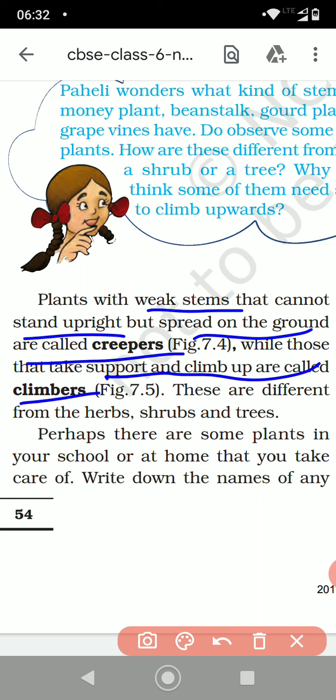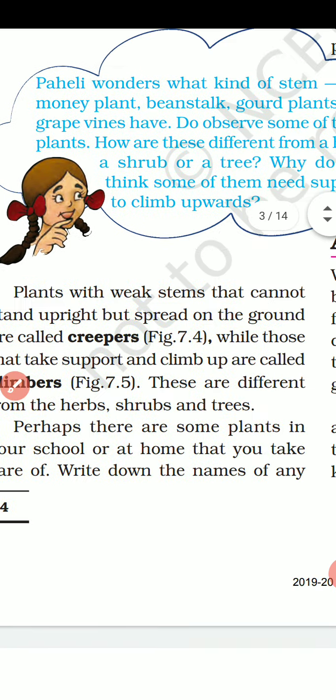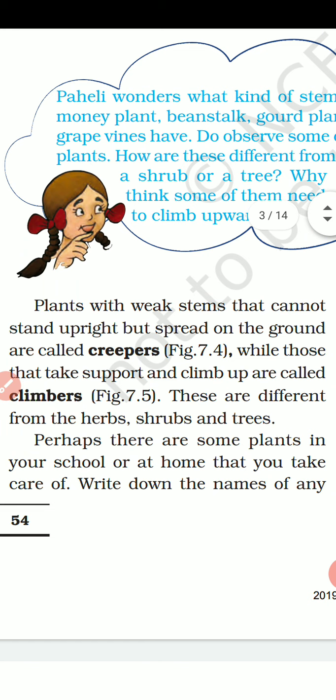So one which is creeping on the soil ground is a creeper. The one which is climbing with the help of support is a climber. So these are different from the herbs, shrubs and trees.